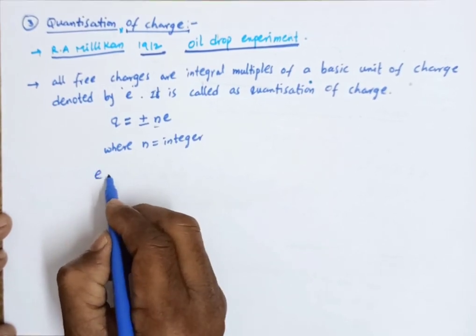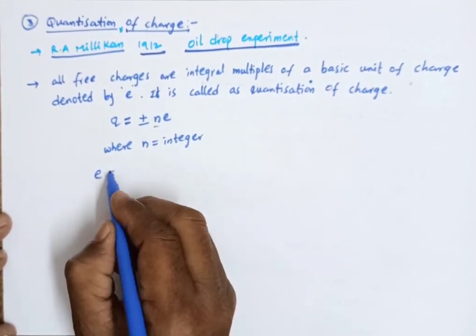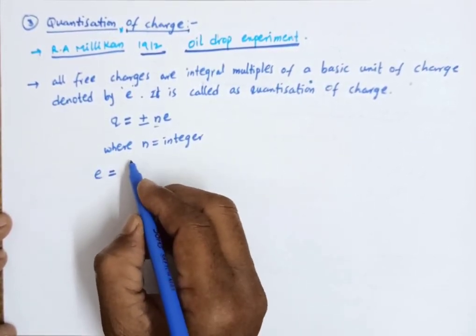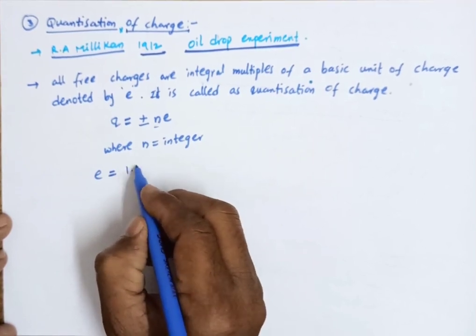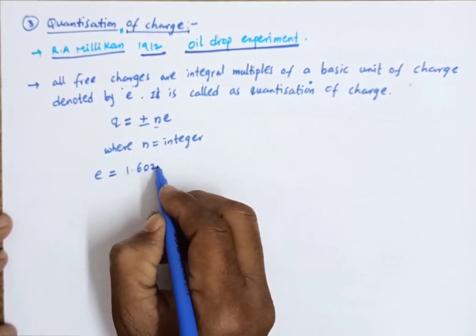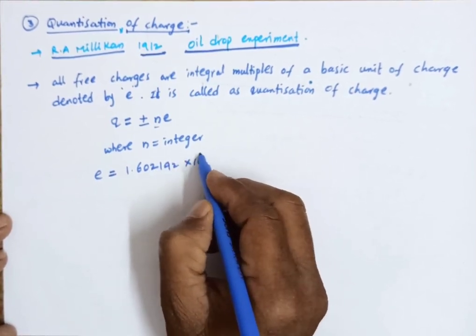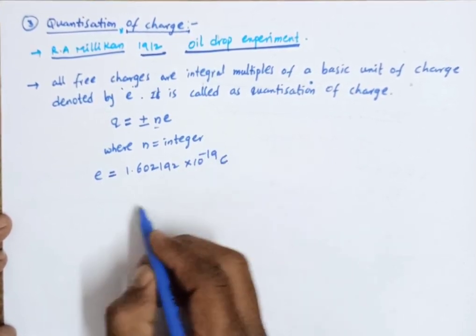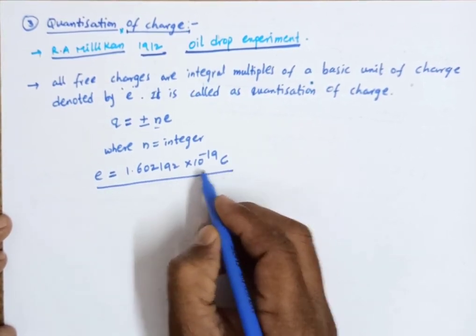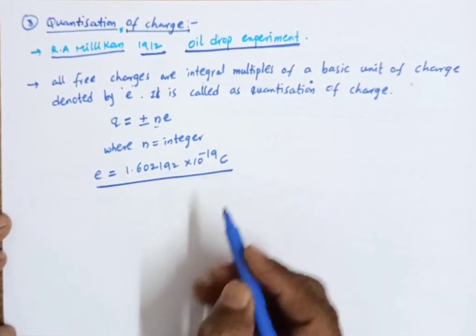Here e is the electron charge, that is 1.602192 × 10^-19 coulombs. So this is the charge of the body.